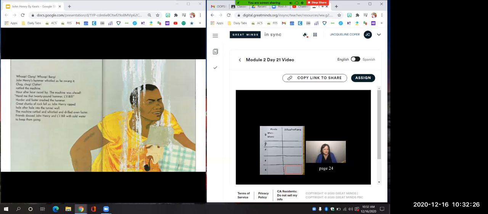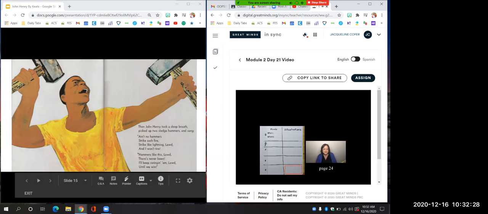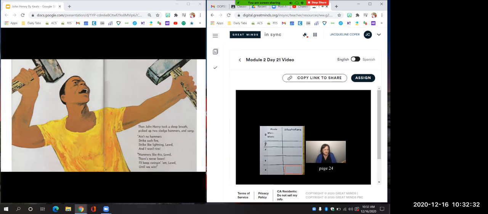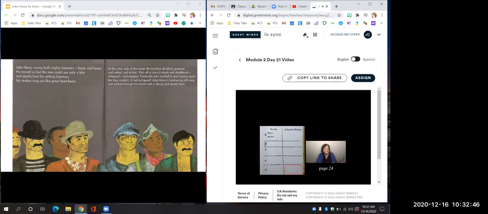Then John Henry took a deep breath, picked up 2 sledgehammers, and sang, "Ain't no hammers struck such fire, strike light lightning, Lord, and I won't tire. Hammers like this, Lord, there's never been. I'll keep swinging 'em, Lord, until we win." John Henry swung both mighty hammers, faster and faster. He moved so fast, the men could only see a blur, and sparks from his striking hammers.